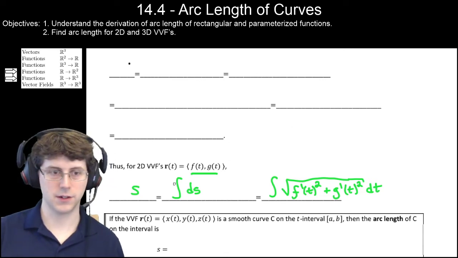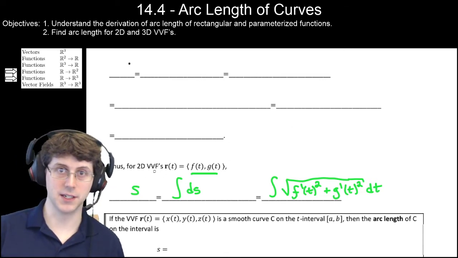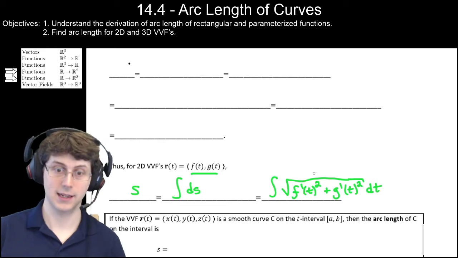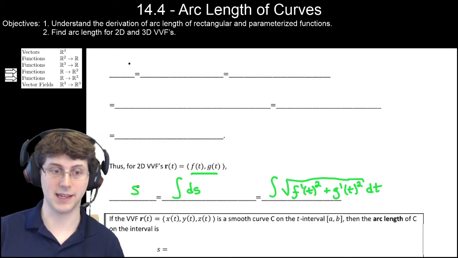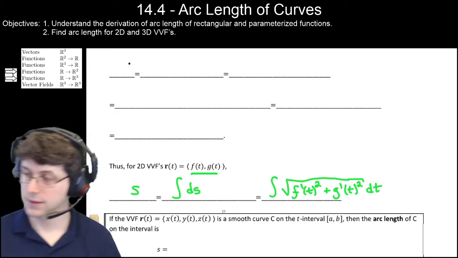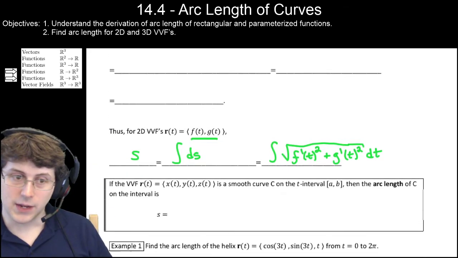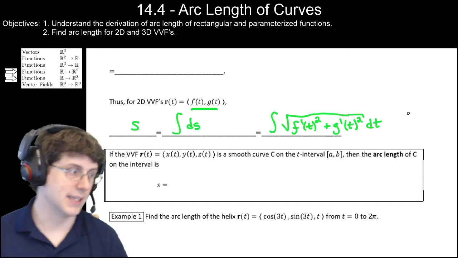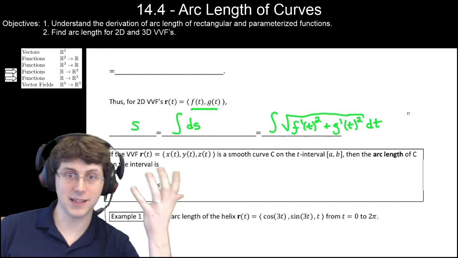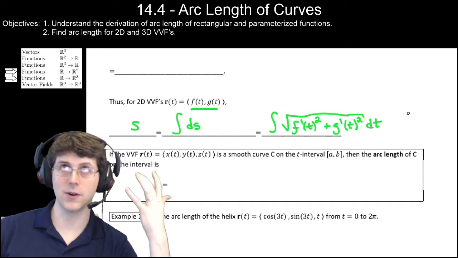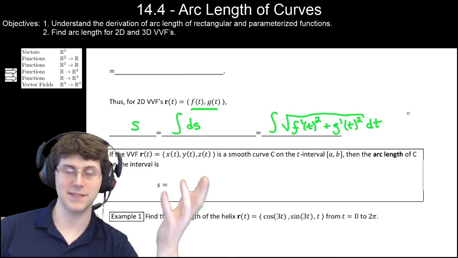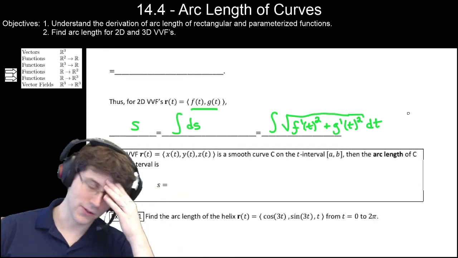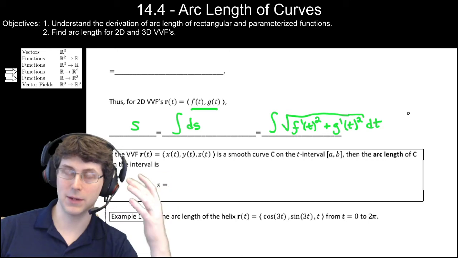So for a two-dimensional vector-valued function, a vector-valued function that's in the plane, you can use this formula to find the arc length s. Now, the question might be, okay, great, what do we do if we have a three-dimensional vector-valued function? But the trick is that, like this Pythagorean theorem plan from chapter 13, we know it just keeps working, even in higher dimensions. So you don't actually need to remake everything.